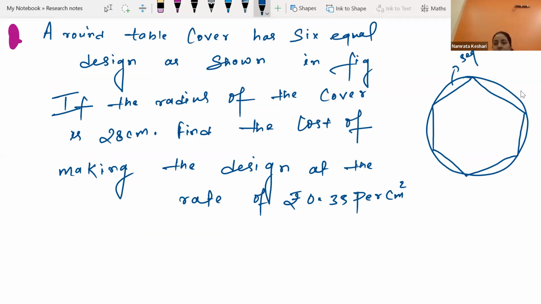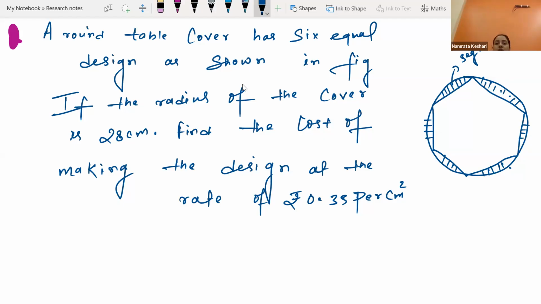In this figure it doesn't look the same, but in the actual figure it is the same. So a round table cover has six equal design. Here design is there, whatever be the design, here designs are there, here also, here also, and here also. A round table cover has six equal design as shown in the figure. So these are the designs which we are having on the table cover.